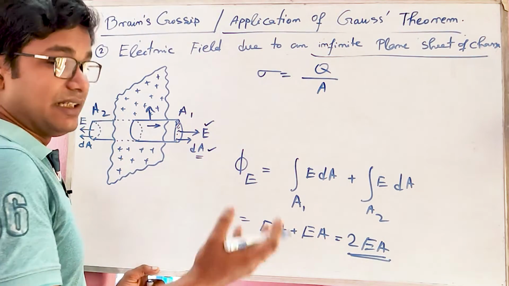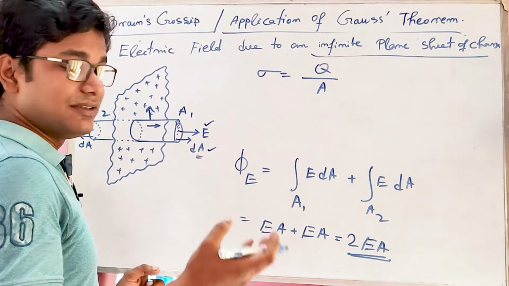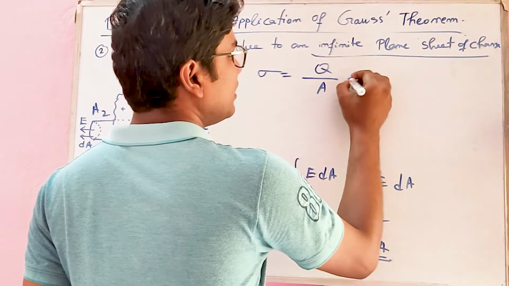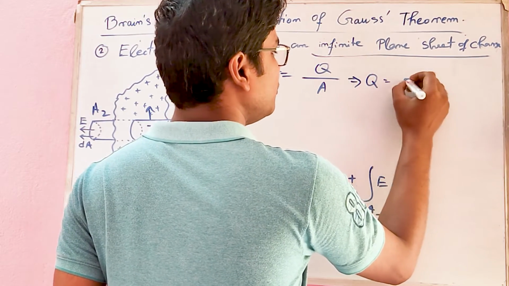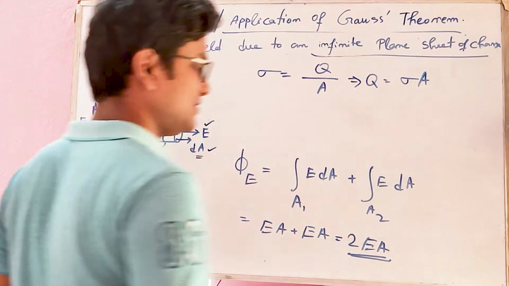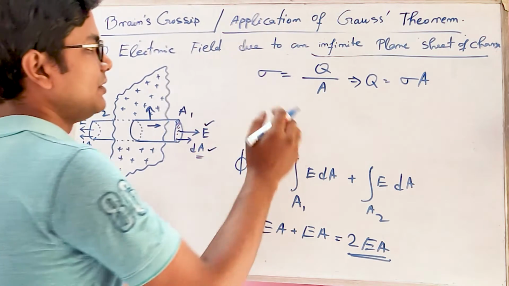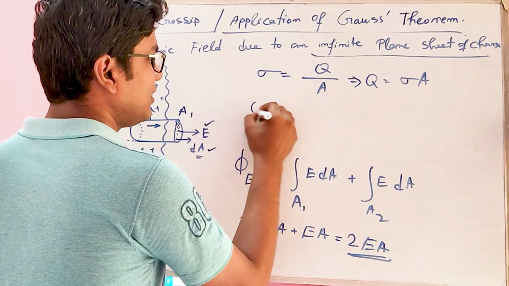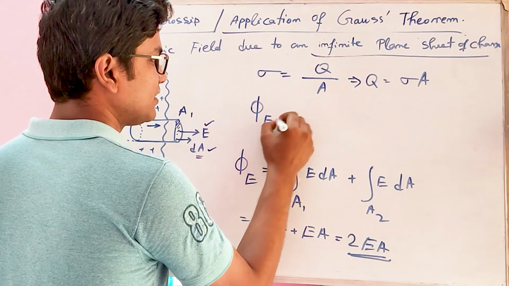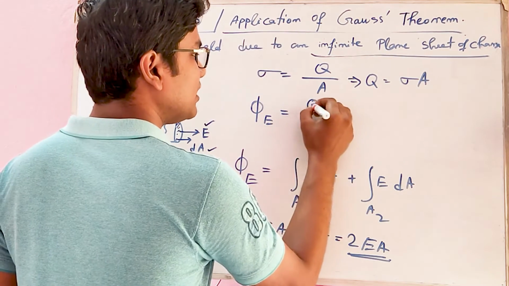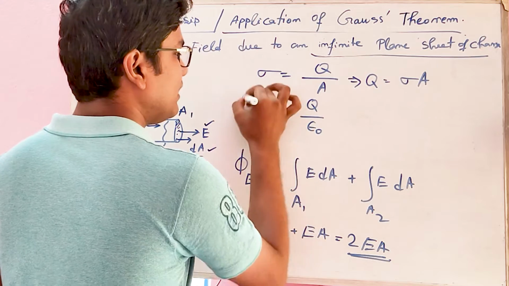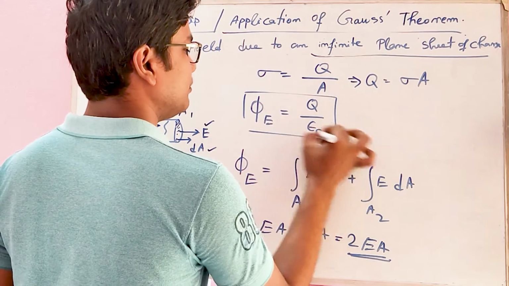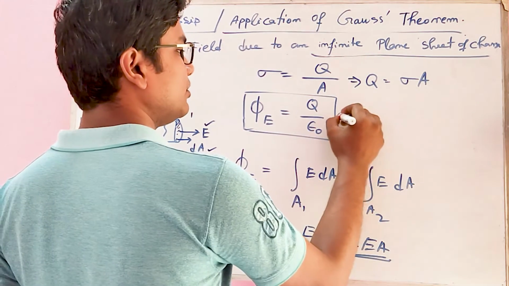Okay, that is the definition of surface charge density, Q by area. So Q equals sigma A. Okay, so what we can write, total electric flux phi E equals total charge by epsilon naught, that is according to Gauss's theorem.